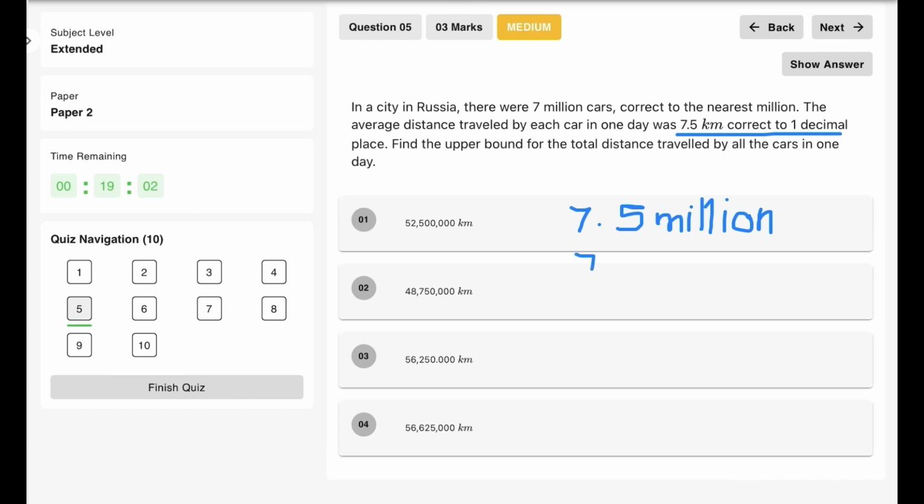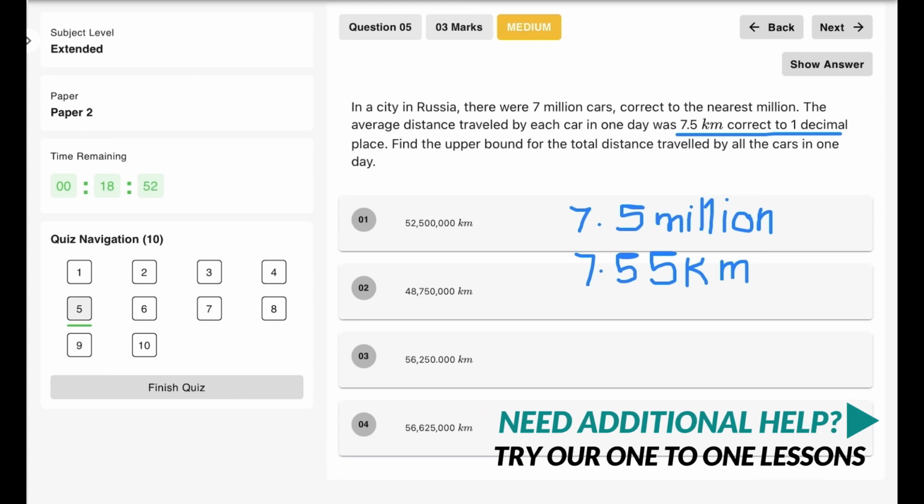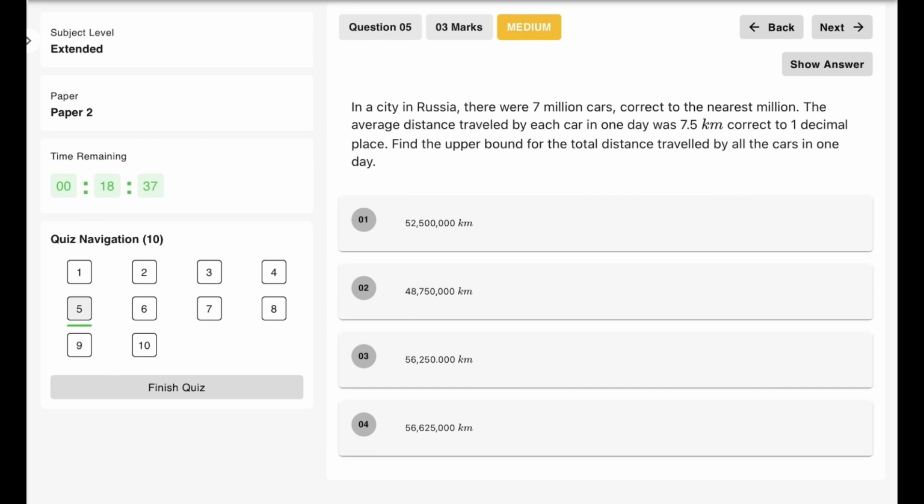So the highest there could have been is 7.55 kilometers. And we're looking at the total distance traveled. So basically that is going to be 7.55 times 7.5 million, and that gives us a solution of 625,000, which is basically the last option here.